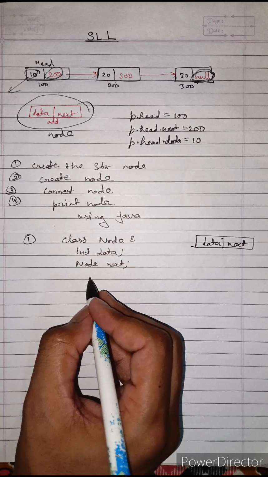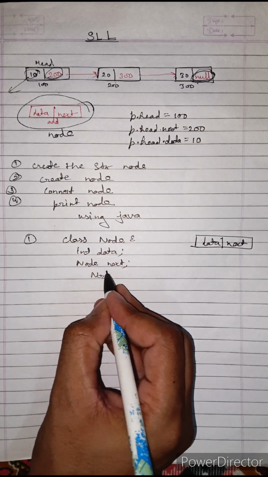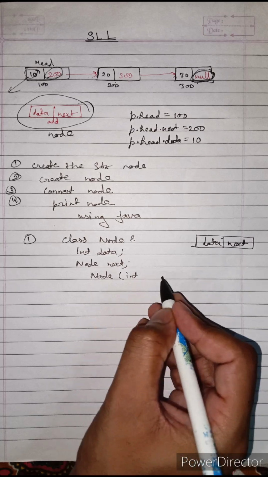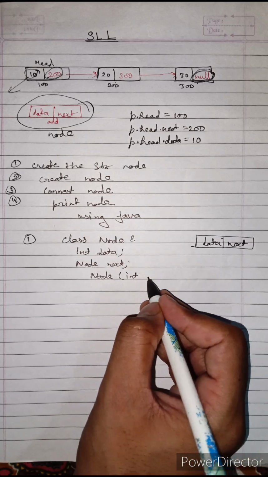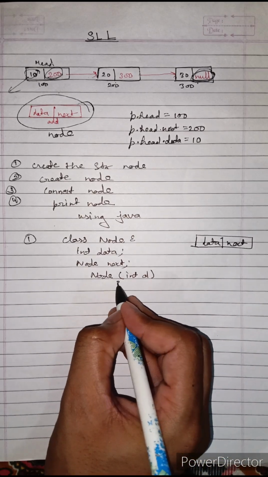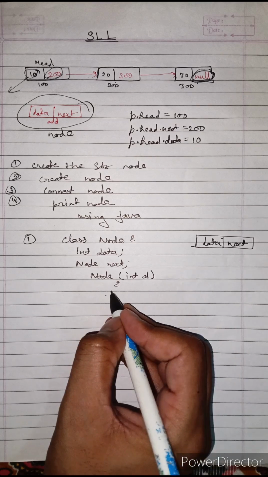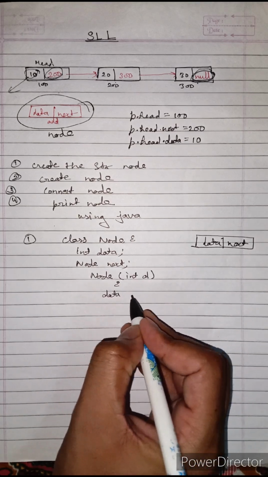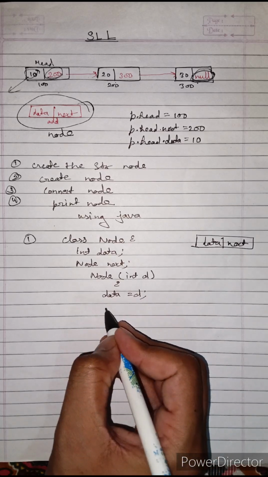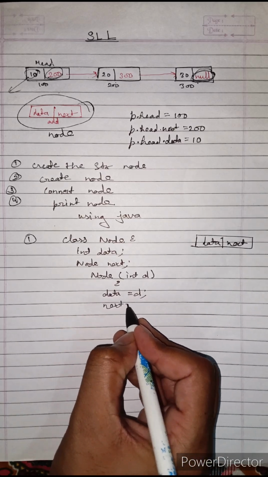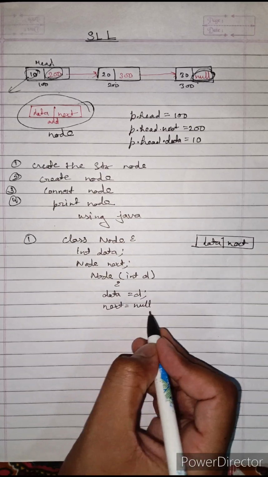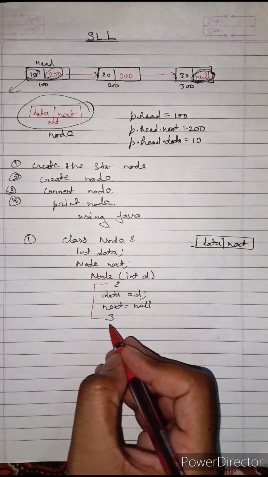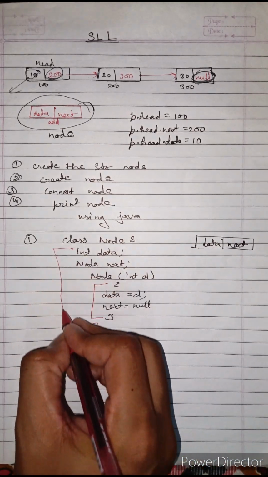I'm going to declare the constructor of this node. We store the value of data, int d, we get some value inside d, and we store the d value inside data, and next by default contains null.